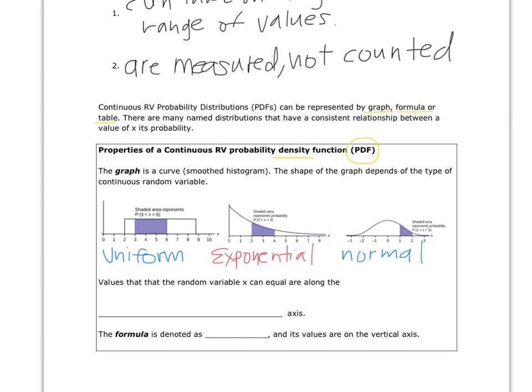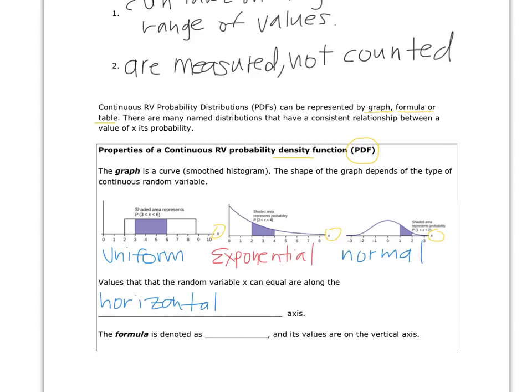Things to know about the graph is that the values that the random variable x can take on or equal are along the horizontal axis, and you can see that they're all labeled as such. All right, we got x showing up, labeling that horizontal axis.